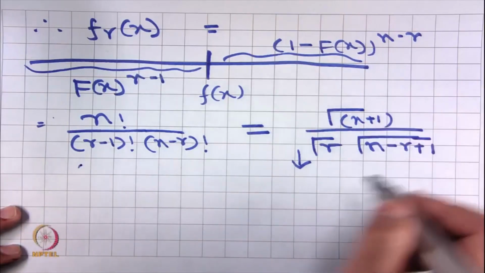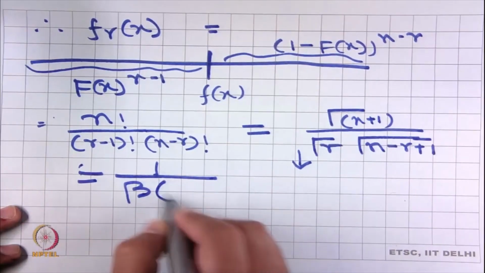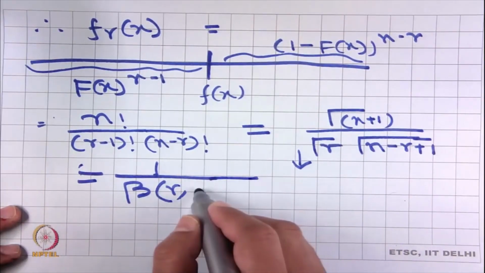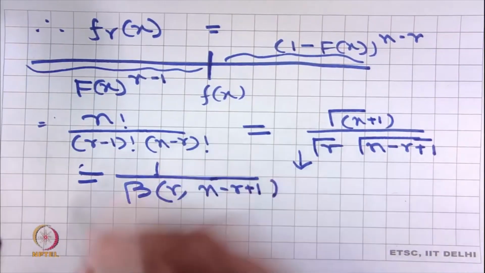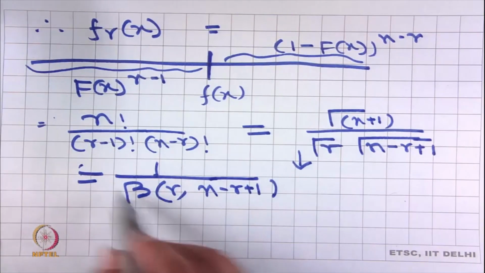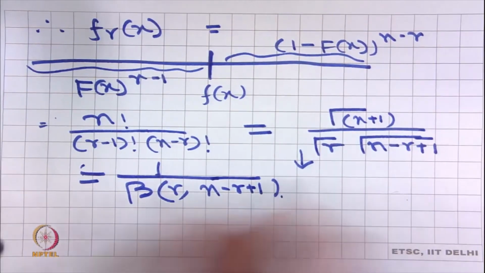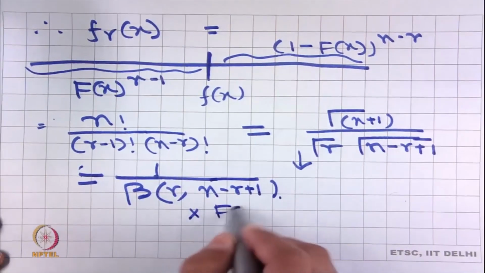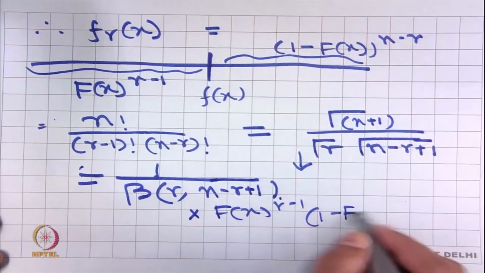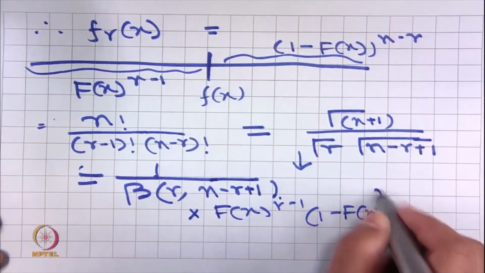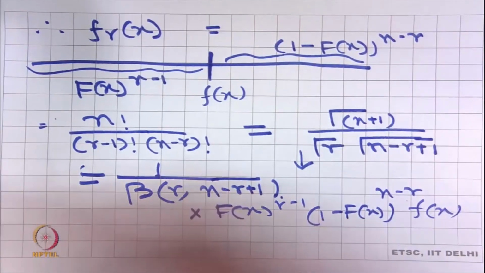In fact, it is 1 upon beta(r, n minus r plus 1). Therefore, 1 upon beta(r, n minus r plus 1) into F(x) to the power r minus 1 into [1 minus F(x)] to the power n minus r into f(x). This is the PDF.